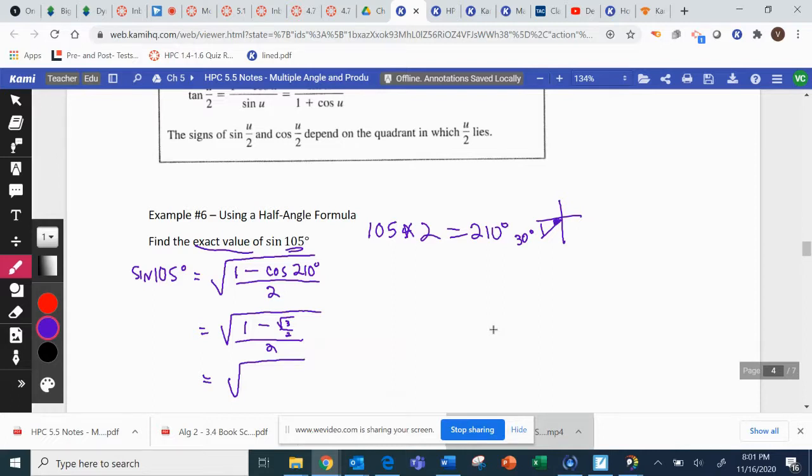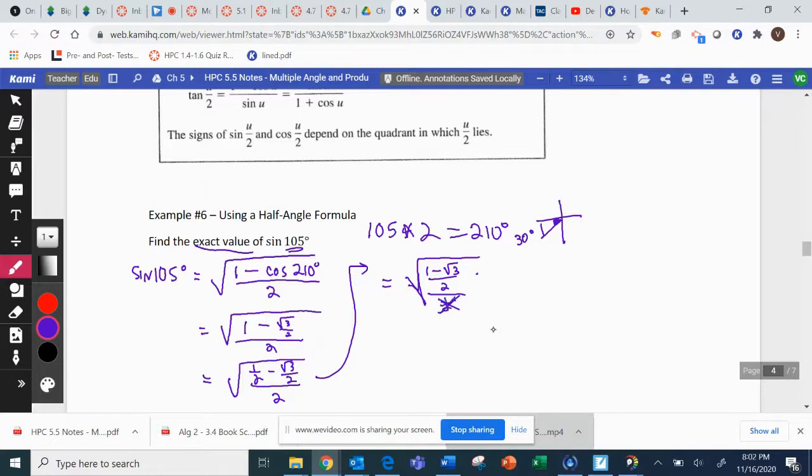And so on top, let's see, how do I want to do this? I can find a common denominator. So I have 1/2 minus square root 3 over 2, and then that all over 2. So 1 minus square root 3 over 2, divided by 2. This is still under the radical. So instead of dividing by a number, we can multiply by its reciprocal.